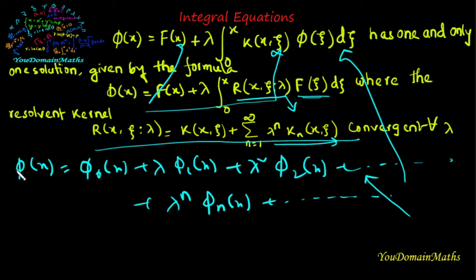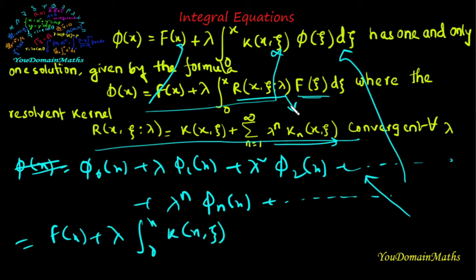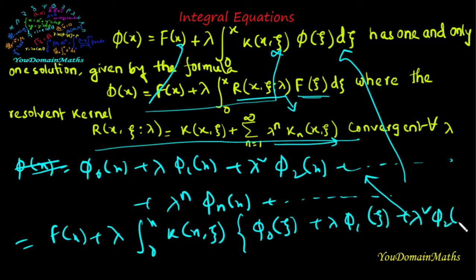The left hand side is this, and the right hand side is f of x plus lambda integral from 0 to x of kernel x comma xi times phi naught of xi plus lambda phi 1 of xi plus lambda square phi 2 of xi, which is the infinite series, and the integrating variable is xi.